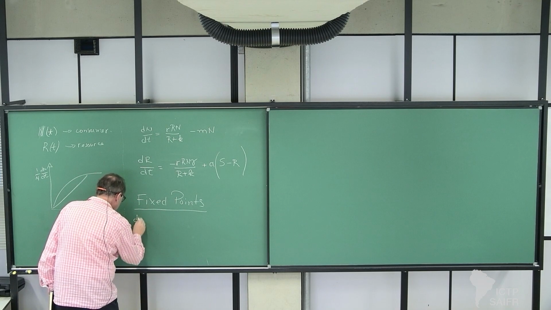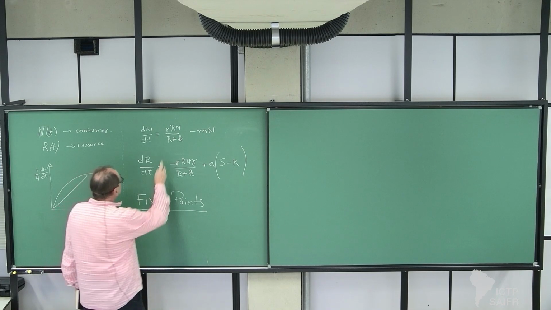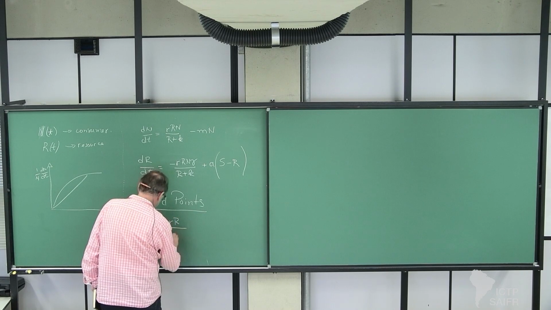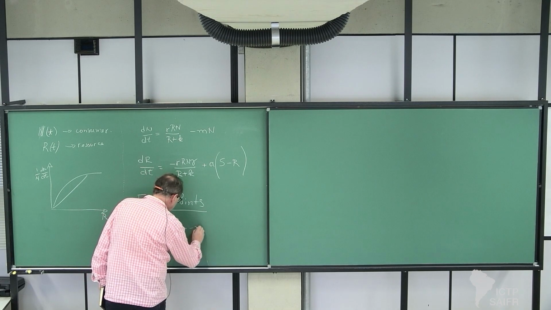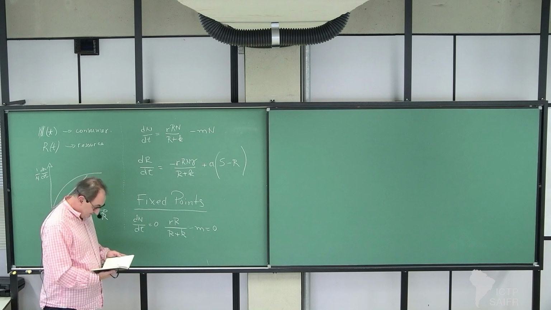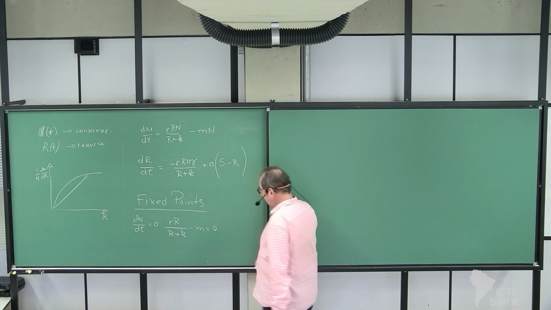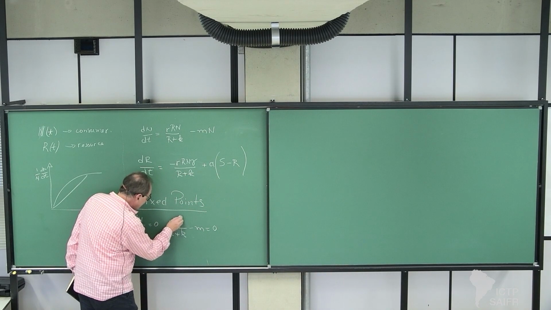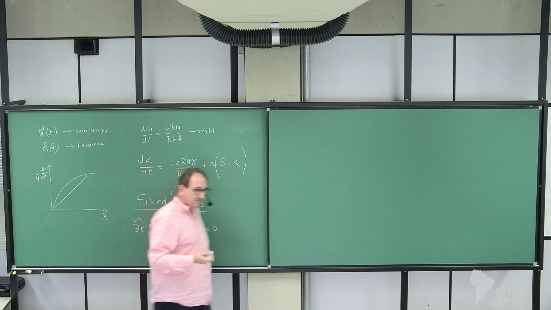If I set dn dt equal to 0, then I have R times R plus K minus M equal to 0. Nice? So I will use the notation R star here. I'll put a star, which is the equilibrium resource.